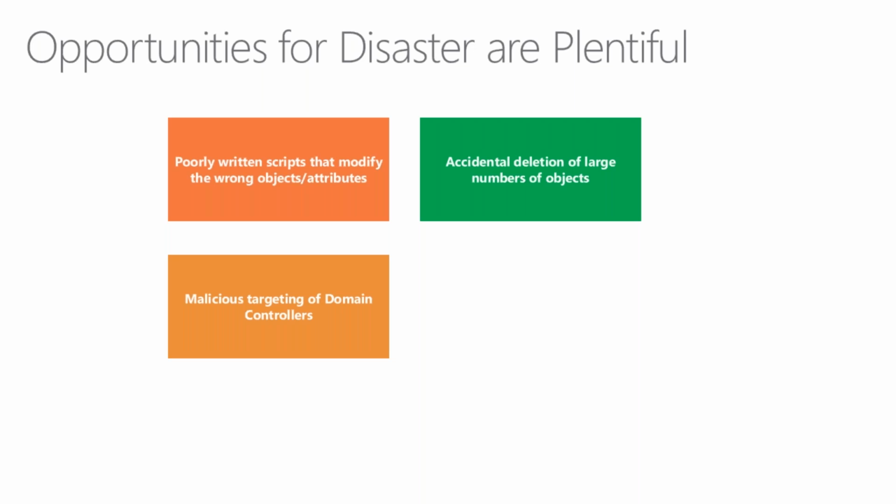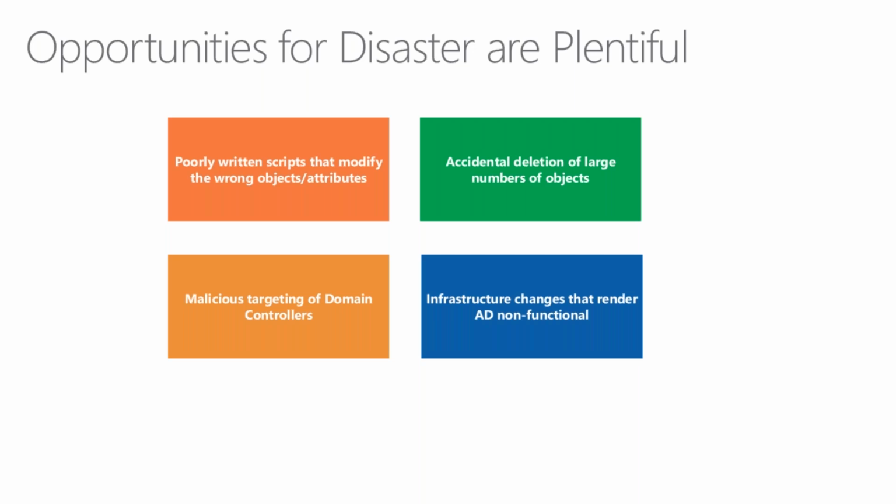So increasingly I'm seeing, and I think we're seeing in general, attackers looking at Active Directory as a potential target for both information exposure, information retrieval, as well as potentially crippling organizations.